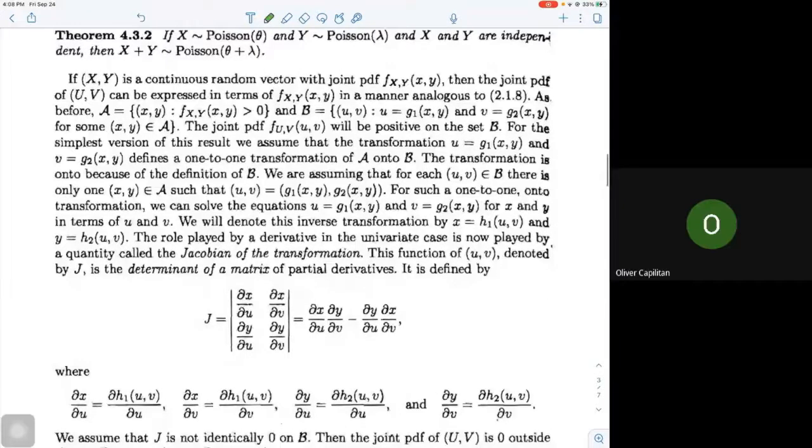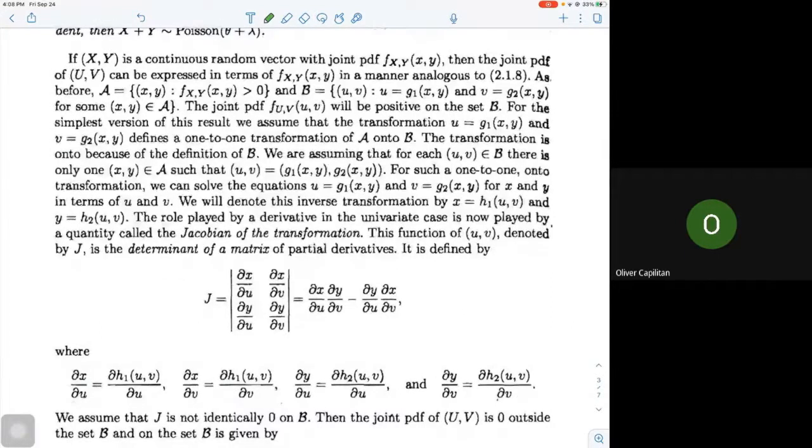Let's go now to the continuous case. If X and Y is a continuous random vector with a joint PDF, then the joint PDF of our random vector UV can be expressed in terms of this joint PDF of XY. Okay, so we let script A be the set of all ordered pairs such that the joint PDF is still positive.